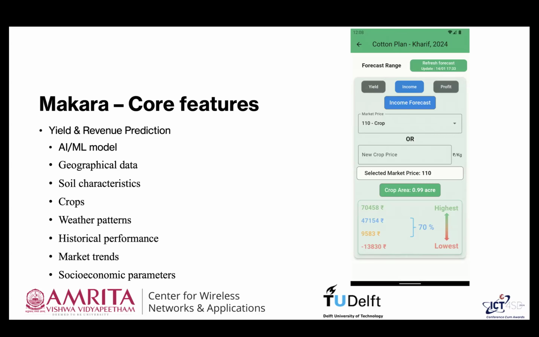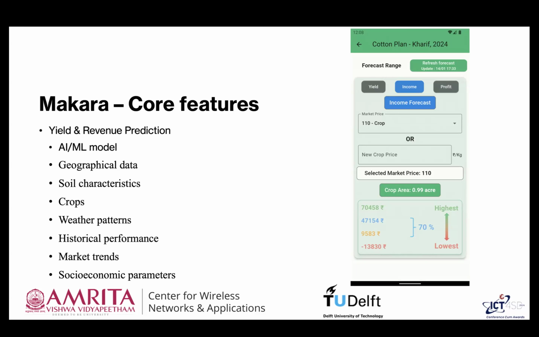Sir, do you have data set details from where you have taken this data? So we are coming to the next slide where we talk about this. The data used mainly comes from government sources, geographical and soil characteristics, and weather. Weather comes from the NASA website, but we have not implemented this yet.